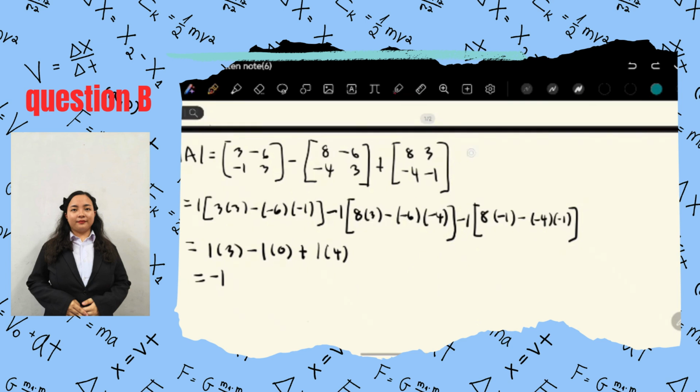We are using the formula a times d minus b times c. So for each term we need to subtract it. For example, negative 6 times negative 1 minus 6 times 3.